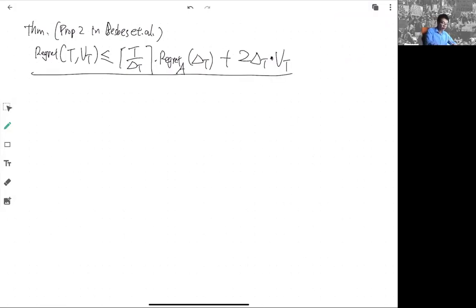Okay, and the proof of this is actually pretty straightforward. Let's start with the definition of the dynamic regret. Right, so you are comparing to the pointwise optimal solution, x_t star. And let's further decompose it into the different batches j from 1 to T over delta t.